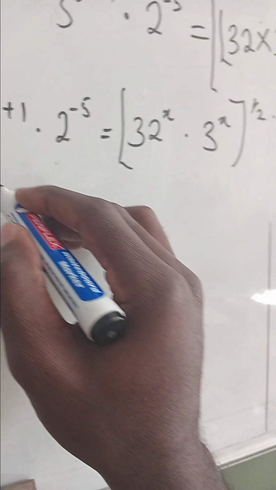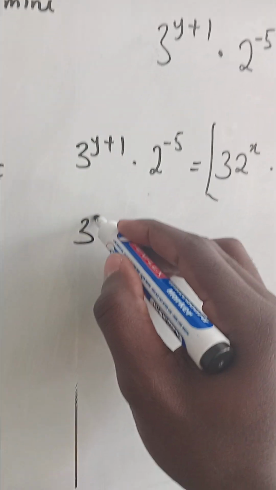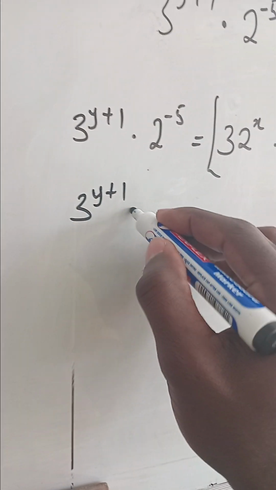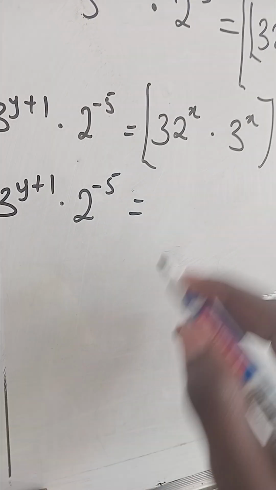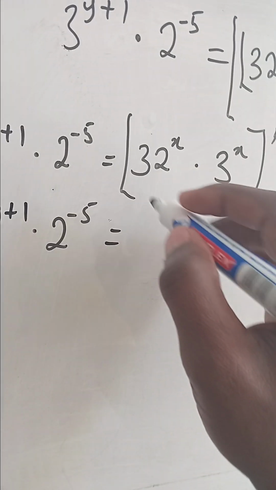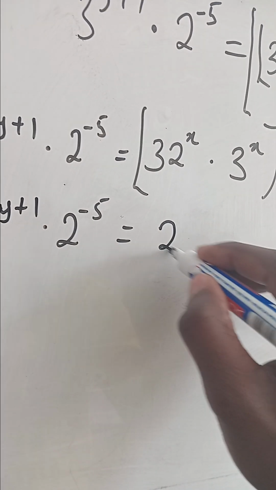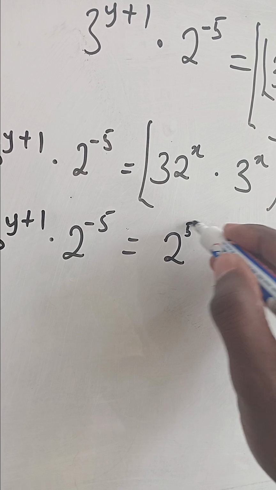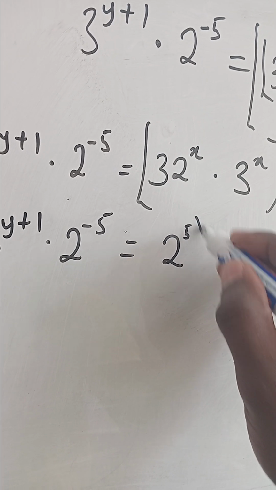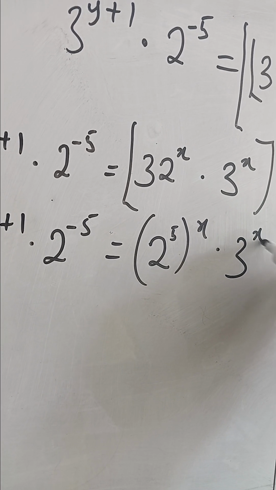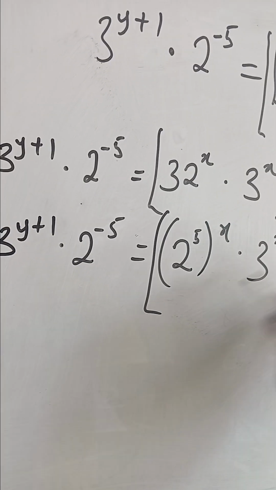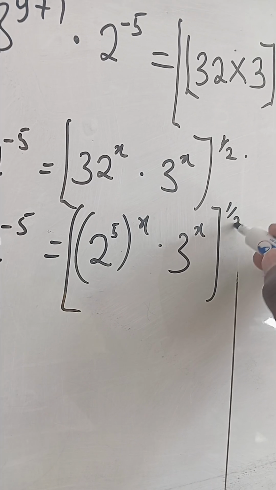So I have on the left-hand side 3 raised to the power of y plus 1, 2 raised to the power of minus 5, is equal to 32, which can be written as 2 raised to the power of 5, multiplied by 3 raised to the power of x, all to the power of half.